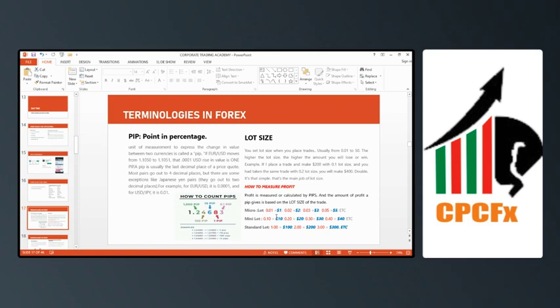While the lot size is the amount of money you use in trading. For instance, if you are using a micro lot like 0.01, which is equivalent to $1, it means that if the price appreciates from 1.24863 to 1.24684, you have gotten 1 cent.